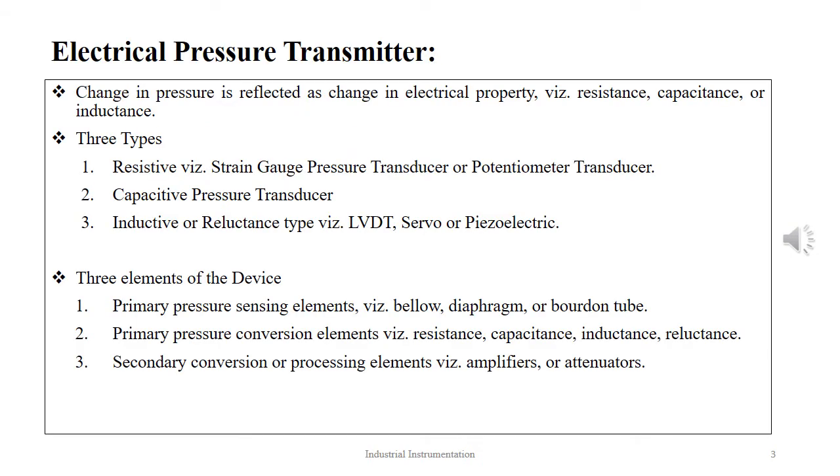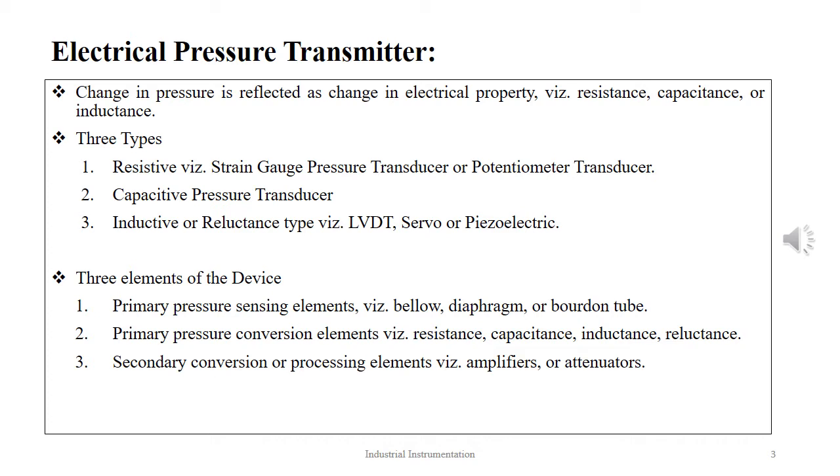The electrical pressure transmitters use a pressure sensing element which can be a capacitive, resistive or an inductive element. The passive impedance elements when exposed to pressure suffer changes in the electrical property, that is change in capacitance, resistance or inductive values.